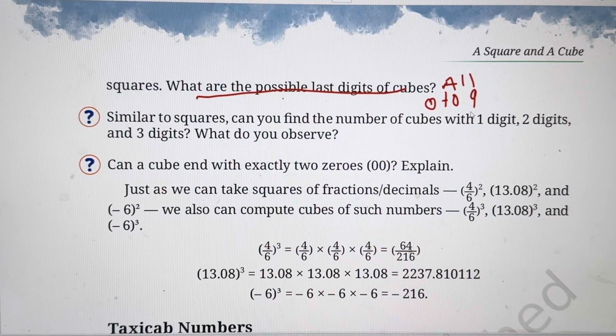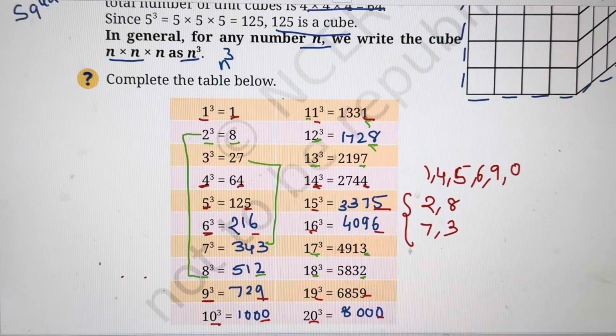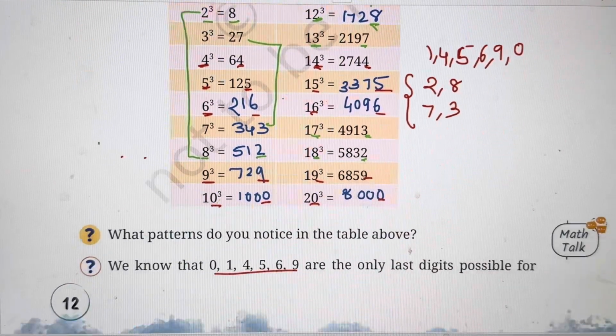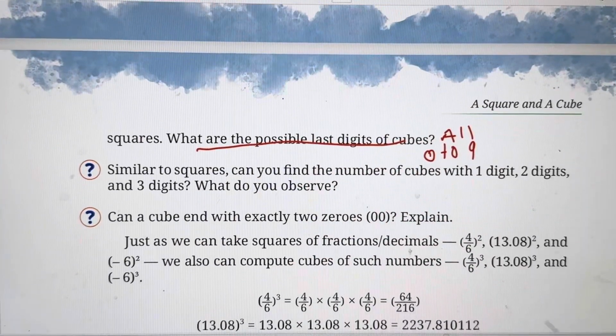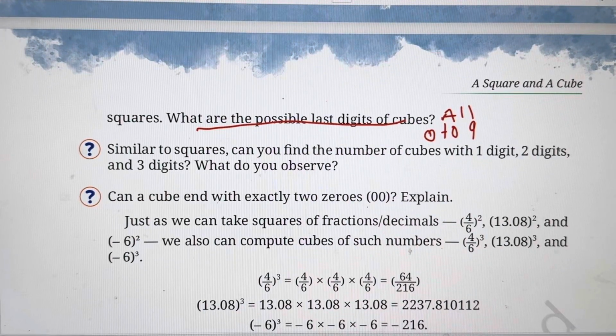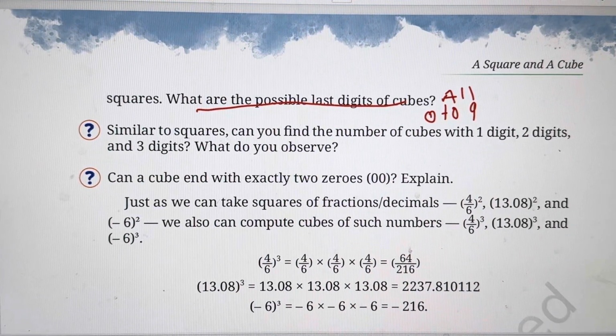If I go back to the table, you see the sequence: 0 is there, 1 is there, 2, 3, 4, 5, 6, 7, 8 and 9. So all digits are possible. So you can't just look at the number and decide whether it will be a cube number or not. As in the case of squares, we were able to decide at least which are not perfect squares, but in cubes this is not possible.